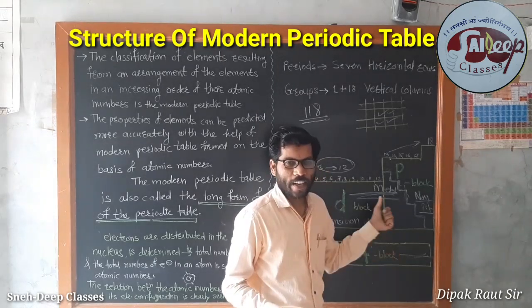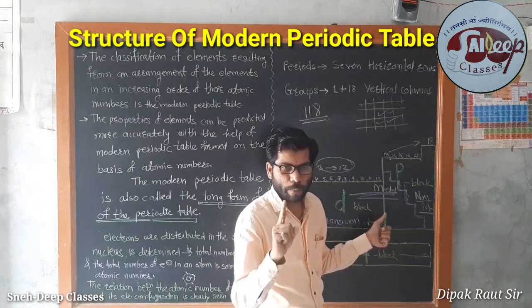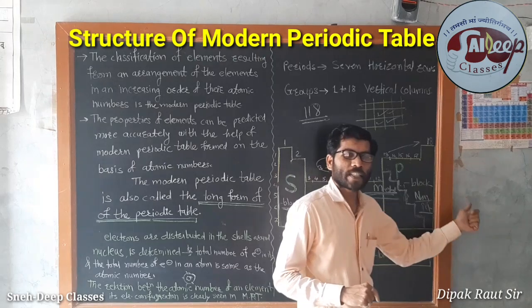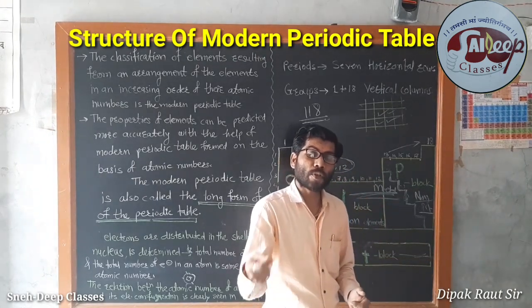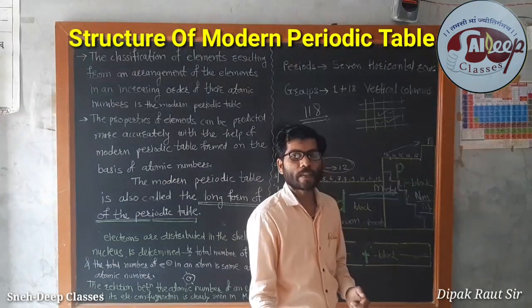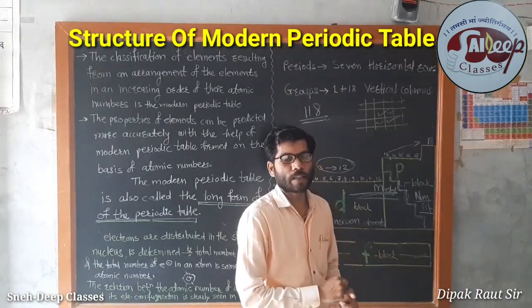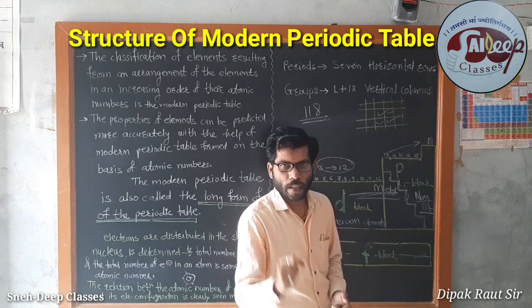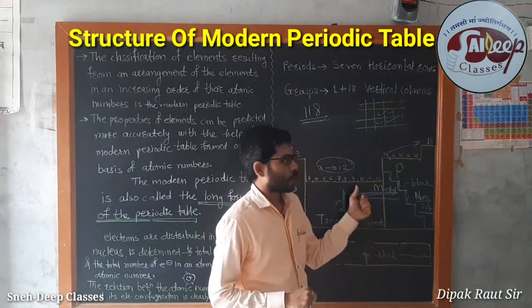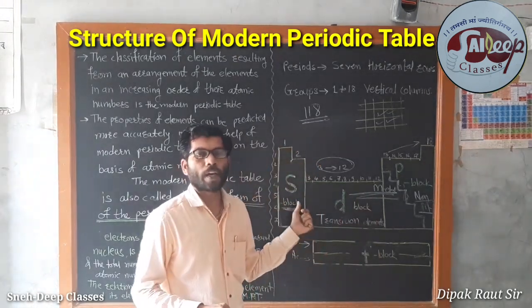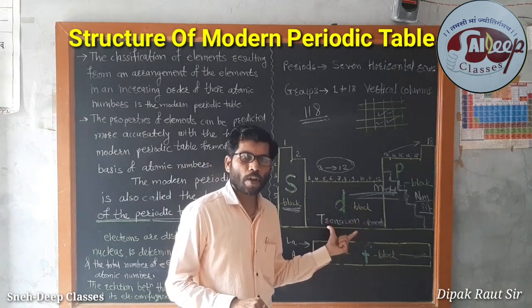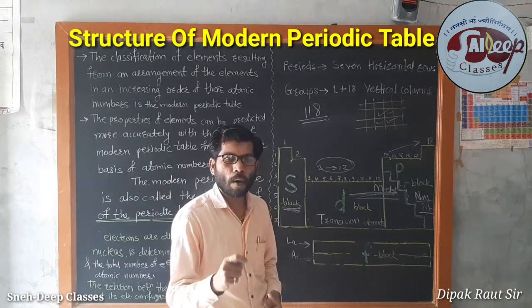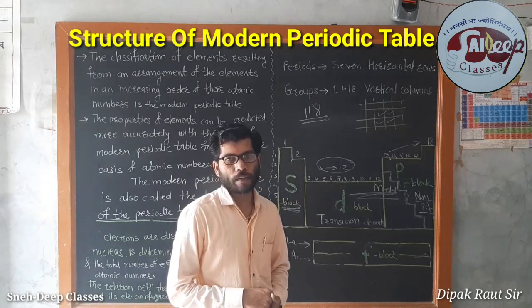Very easy. Left side of the zigzag line is a metal, right side is a non-metal, and the elements on the zigzag line are metalloids or semi-metals. This is the classification of the SPDF block in the modern periodic table or long form of the periodic table.